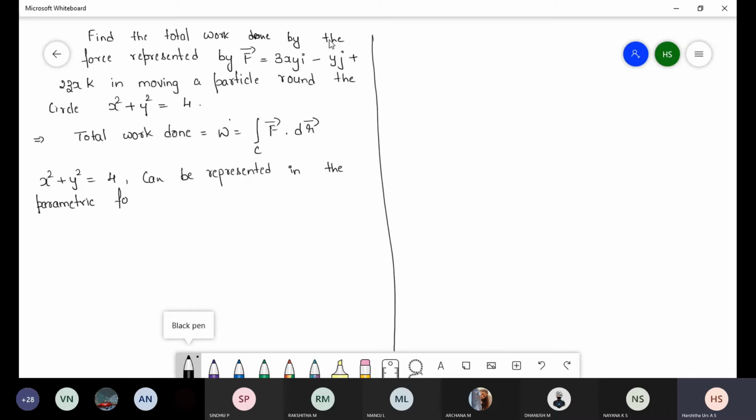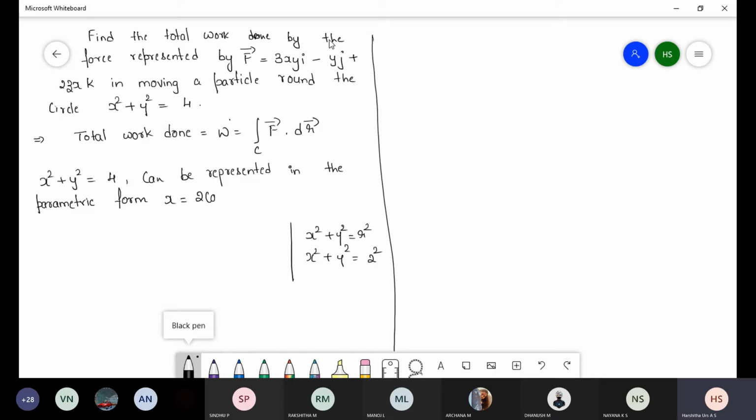What is that parametric form? I will write on the right side, x square plus y square is equal to r square. In the place of r square we have 4, that we can write as 2 square.